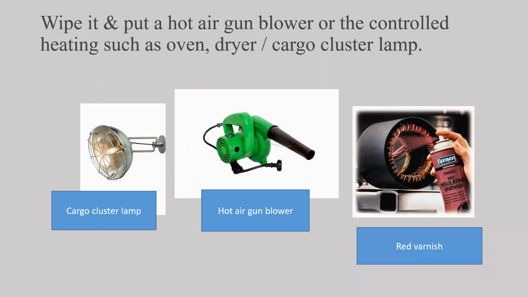So we have to check the insulation resistance with the instrument called a Megger. After checking it, we have to varnish it. In this picture, red varnish is shown. They are varnishing the windings, which is one of the insulation.